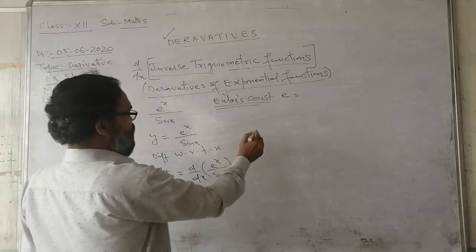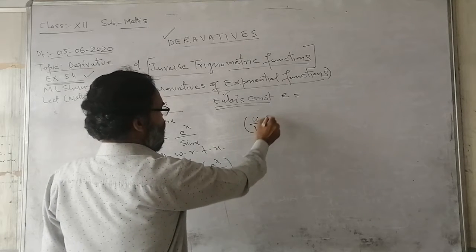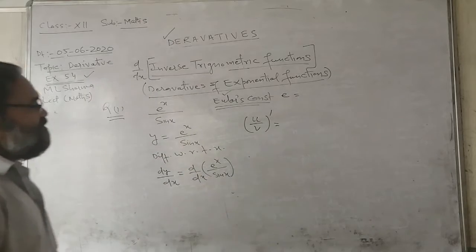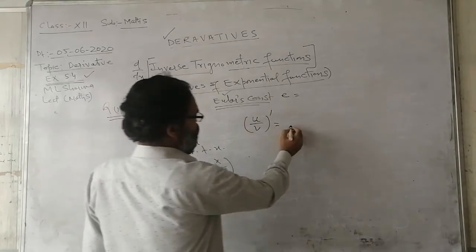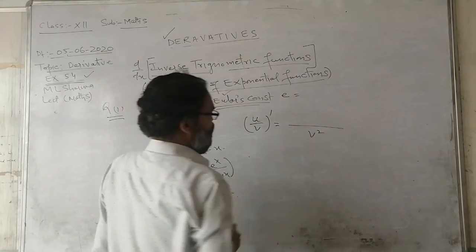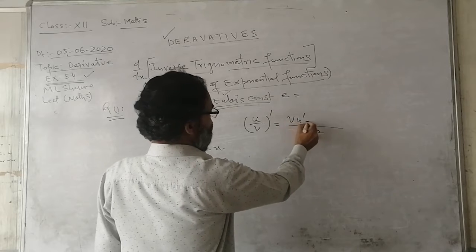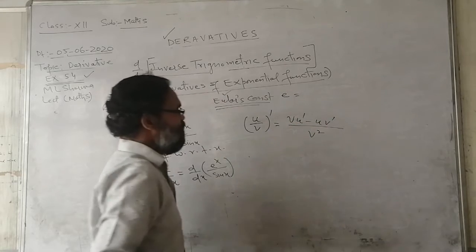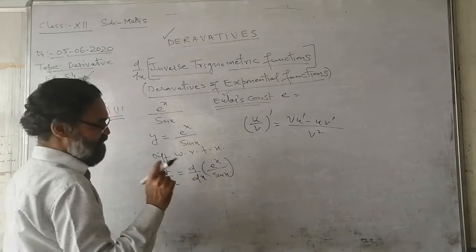Here I will apply the formula for the derivative of u upon v. This formula I had shown yesterday. According to the formula, it is (v u dash minus u v dash) upon v square.